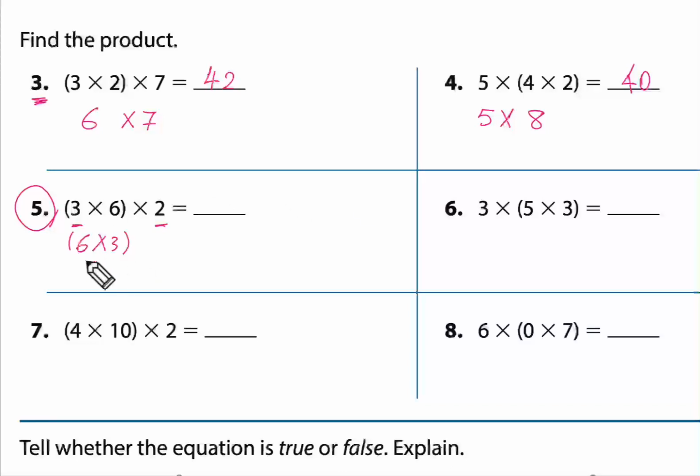Then multiplied by 2. Now, use the associative property to multiply 3 by 2 first. It will be the same as 6 multiplied by 6, which equals 30. Excellent. I think this is better than your answer. But your answer, of course, is correct. I like it.